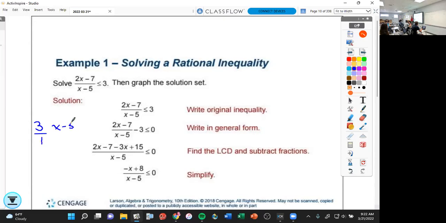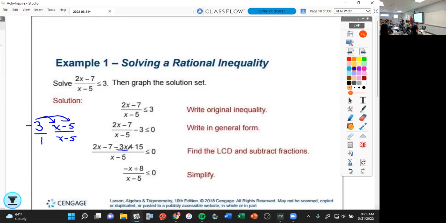How about (x - 5)/(x - 5)? Is that 1? Yes. Will that give me a denominator of x - 5? Yes. So on the top, that 3 is going to have to be distributed, right? And because this is a negative 3, times x is negative 3x.